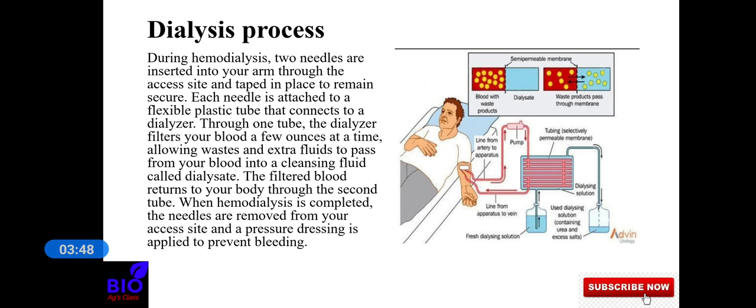Through one tube, the dialyzer filters your blood a few ounces at a time, allowing wastes and extra fluids to pass from your blood into a cleansing fluid called dialysate. Some questions may arise in your mind: what is dialysate? What are the components of dialysate?